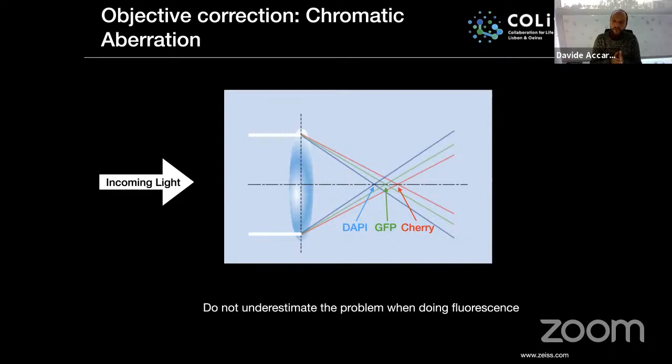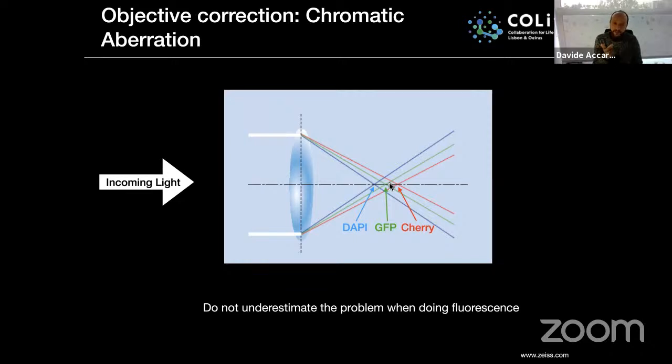And when you are doing your multicolor experiment, your DAPI channel will be focused closer to your lens with respect to your GFP channel, then closer with respect to your Cherry channel, and so on. So if you have a far red, it will be still farther away.